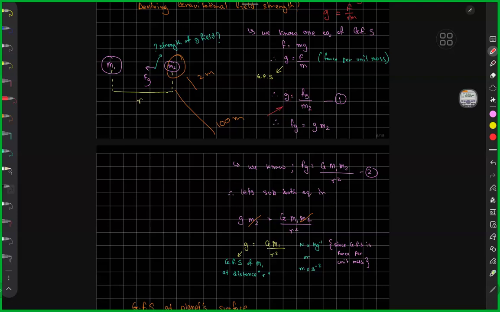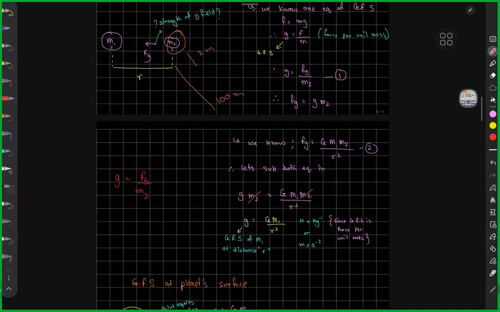But don't we know a better formula for force? Don't we know a more elaborate formula of force from the law of gravitation? Yes, we do. So can we input that over here? If my gravitational field strength g is force per unit mass, then what is the formula of force we have figured out? G m1 m2 divided by r squared, divided by m2.